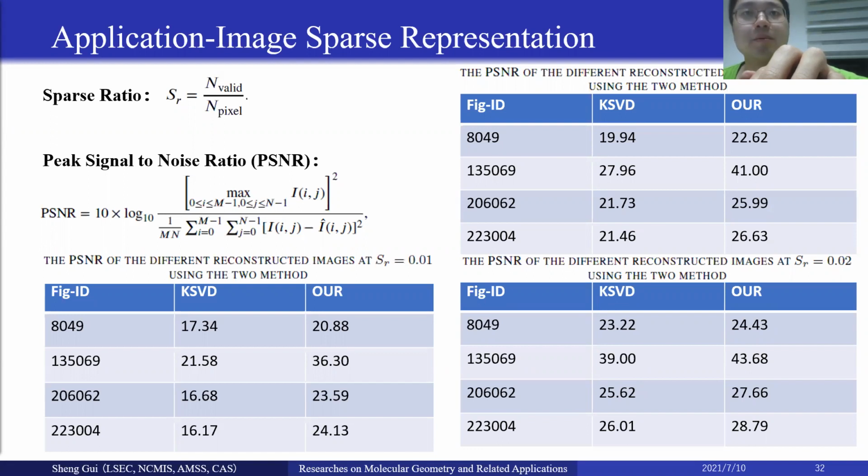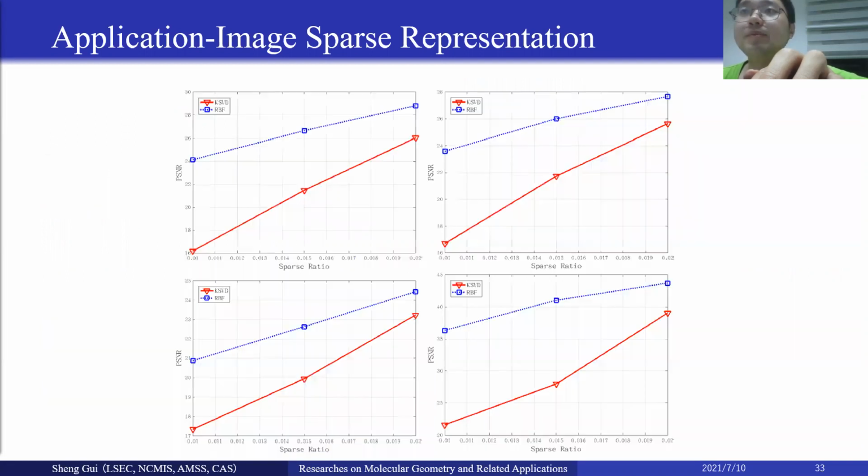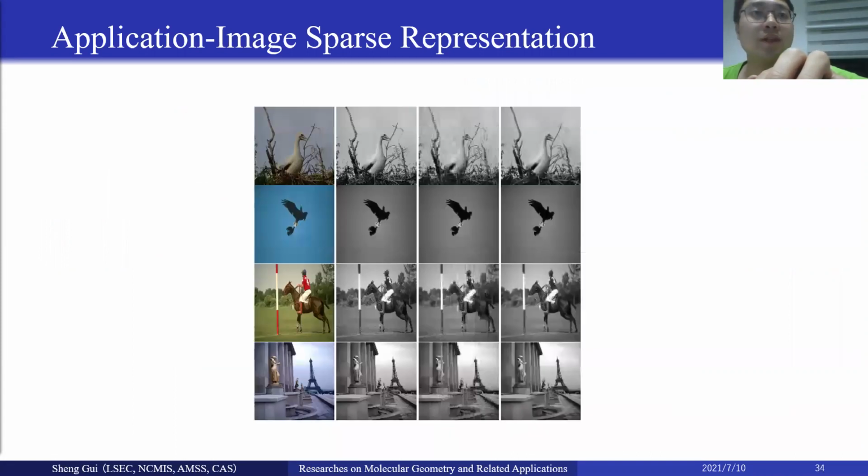For experiments, the three tables respectively show the PSNR of the reconstructed images at SR equal to 0.01, 0.015, 0.02 using our method and the KSVD method. The three tables and the corresponding figures show that our method is better than the KSVD method, and our method has more sparse results.